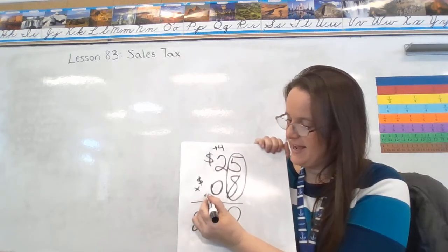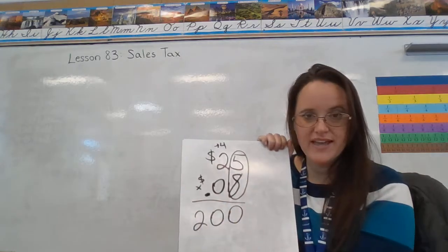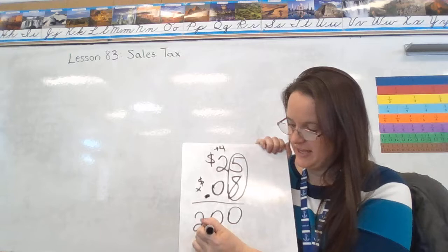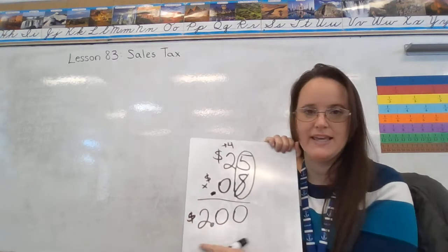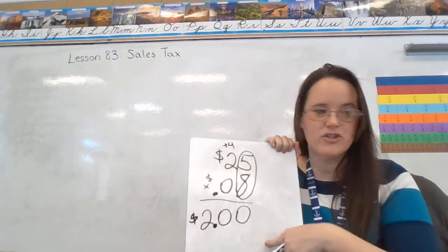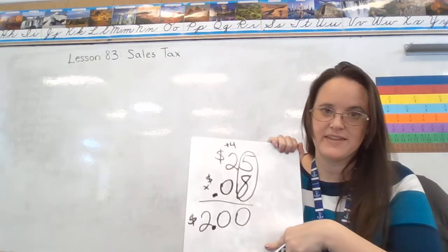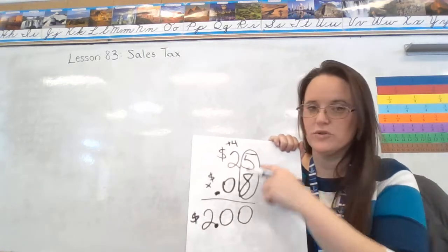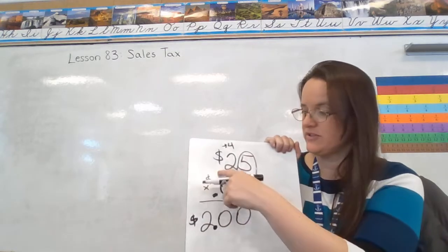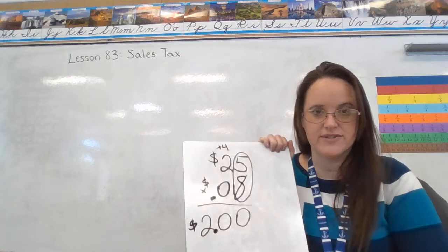The reason I like to write it this way is because having the decimal point here reminds me to put the decimal point in my answer. So how much tax did she pay? $2. This one doesn't ask for her total price. In order to find the total price, we'd have to add the $2 to the $25.